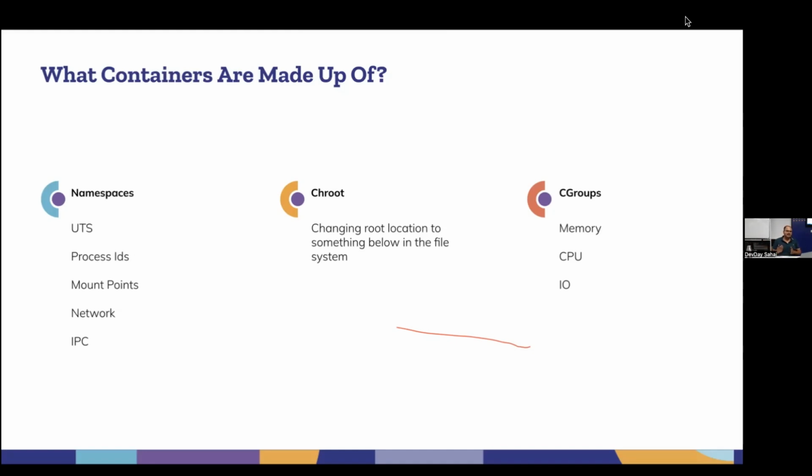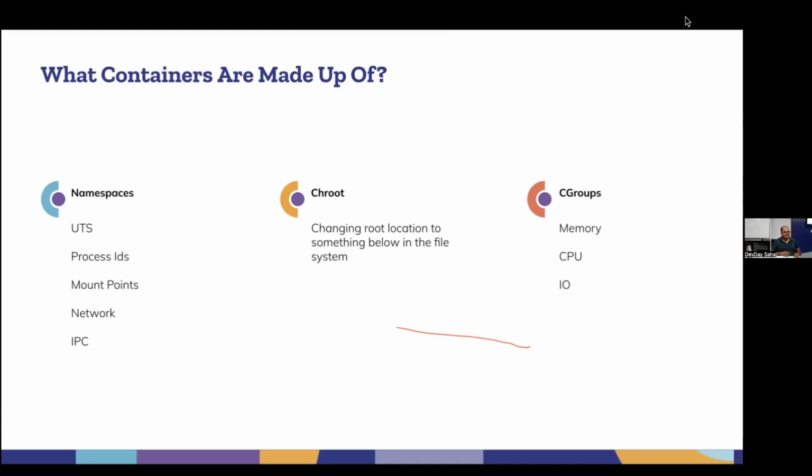It connects differently. It has a different IP address. And the IPC is basically your messaging, the shared memory, the semaphores that it has in memory. So all of this namespacing basically means you are dividing or compartmentalizing the resources. Resources in this case are UTS, process IDs, the mount points, the networks, the IPC.